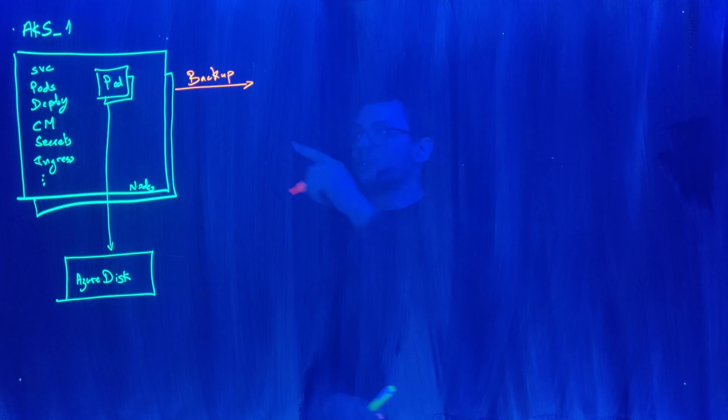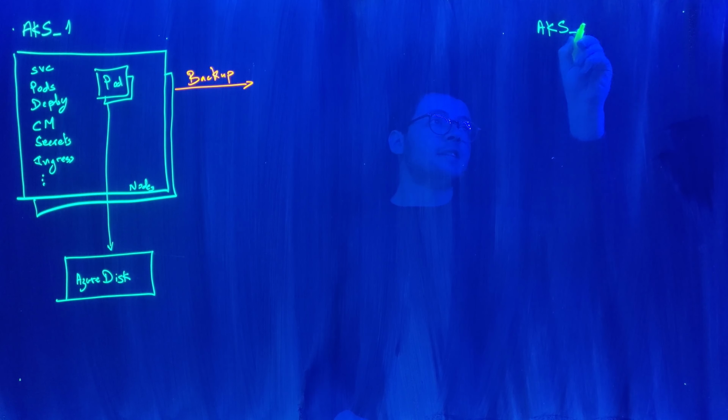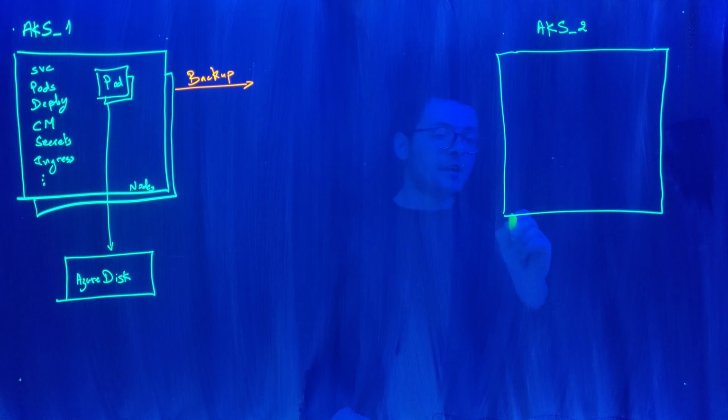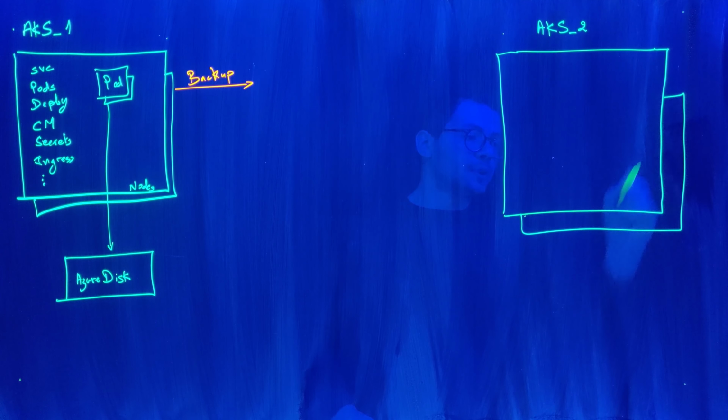Then I want to restore the resources from this cluster into another AKS cluster. So let's say we have another AKS cluster, AKS number 2, where again I would have my resources like the nodes, and I want to restore back those resources.